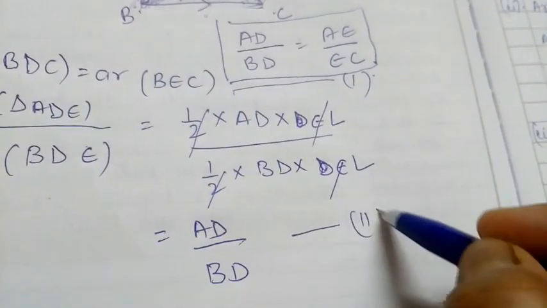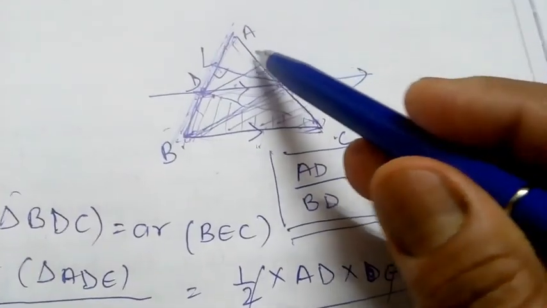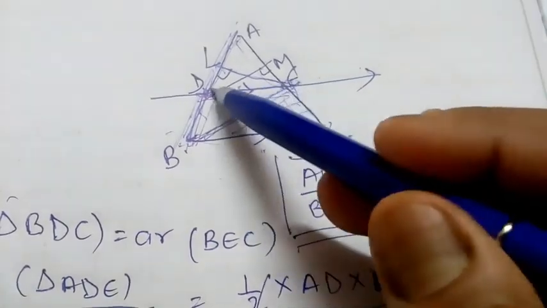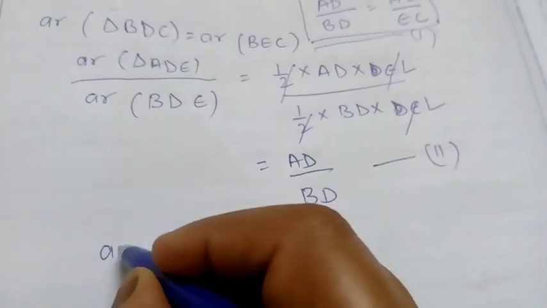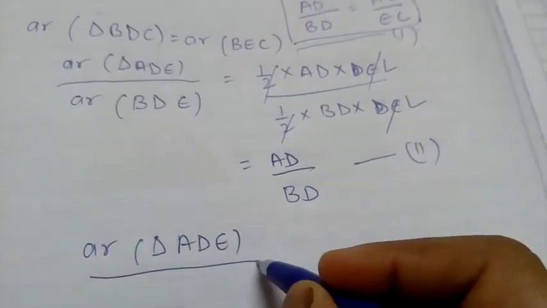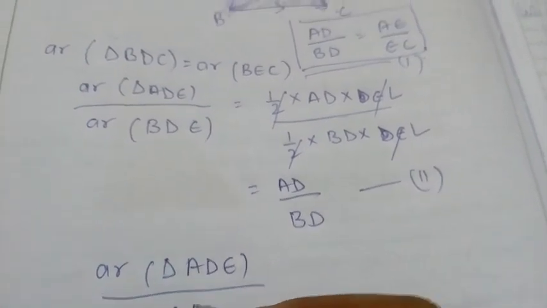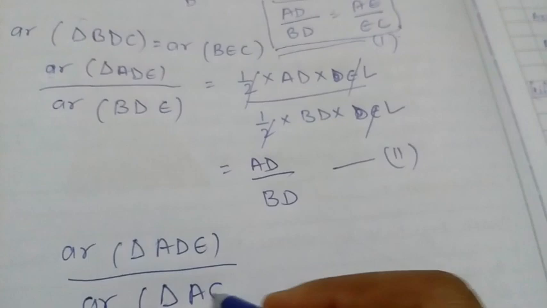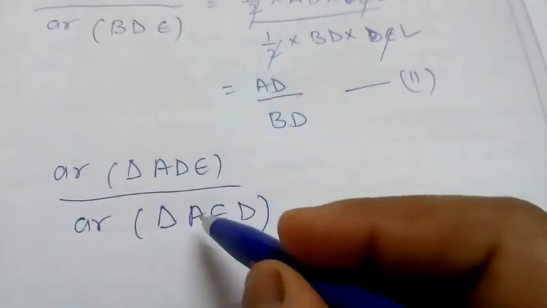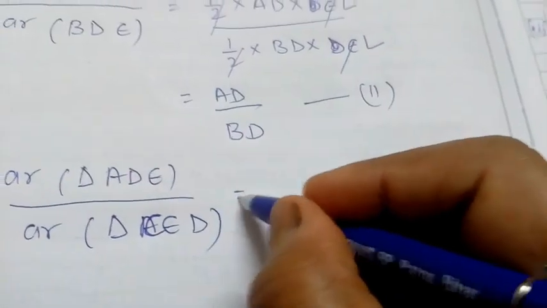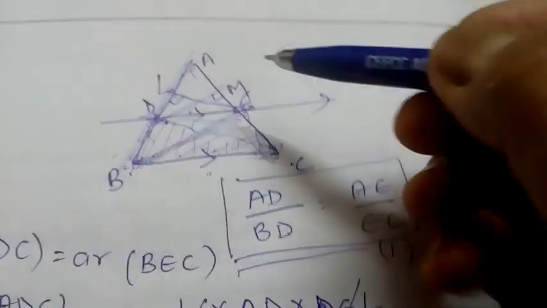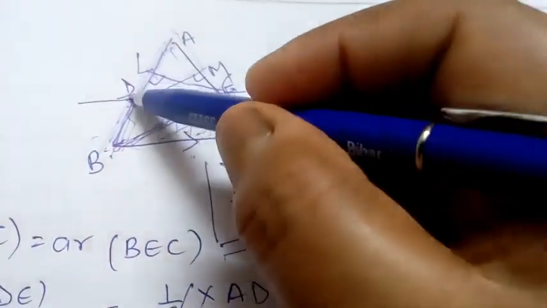Next, area of triangle ADE and area of triangle CDE. Area of ADE is 1 by 2, base AE and perpendicular DM, so AE into DM.